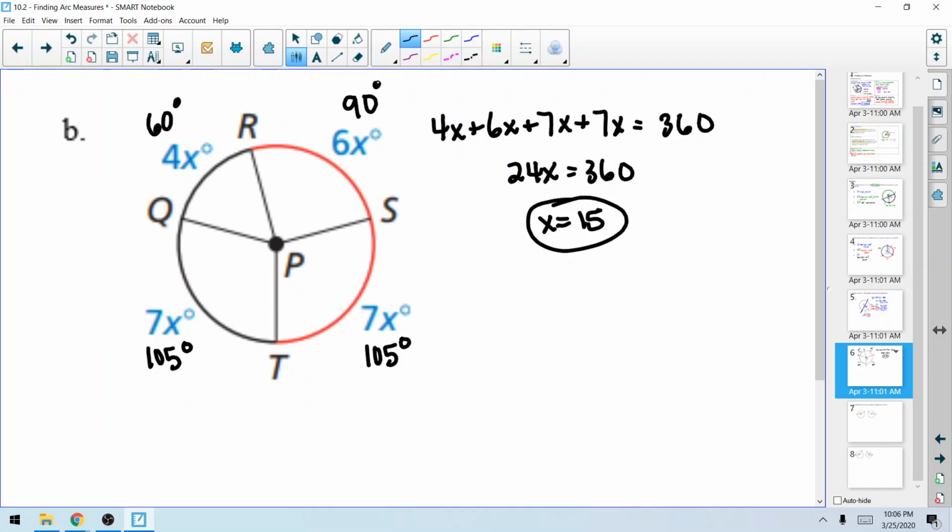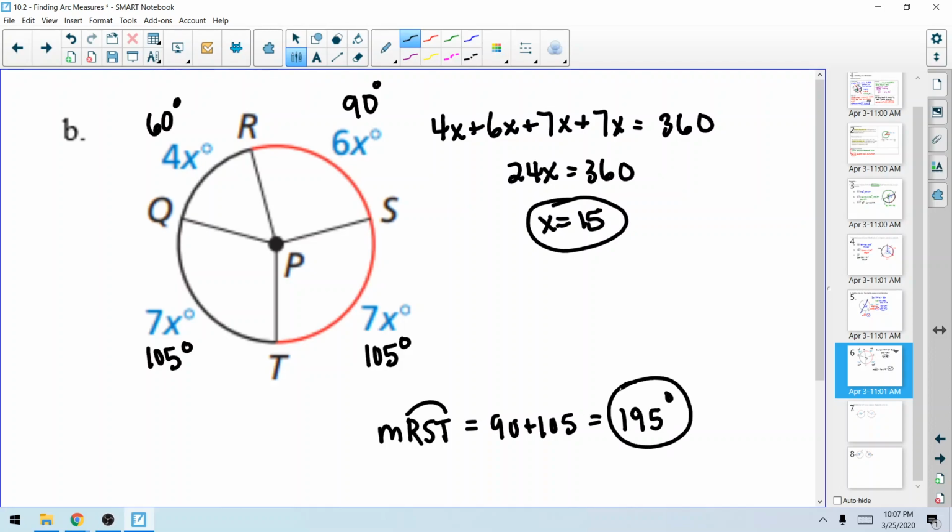And then specifically, because I've got this little red part here, I'm going to say the measure of arc RST equals, well, I've got a 90 plus 105. 90 plus 105 is 195 degrees. And just in case, I was looking right here at RST. So I just added my 90 and my 105.